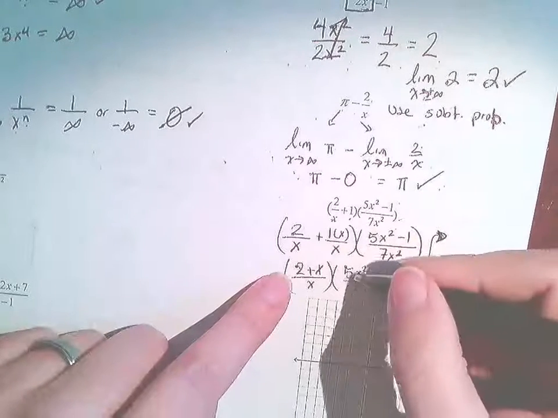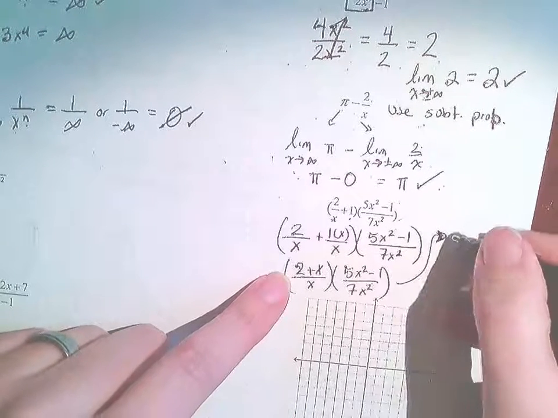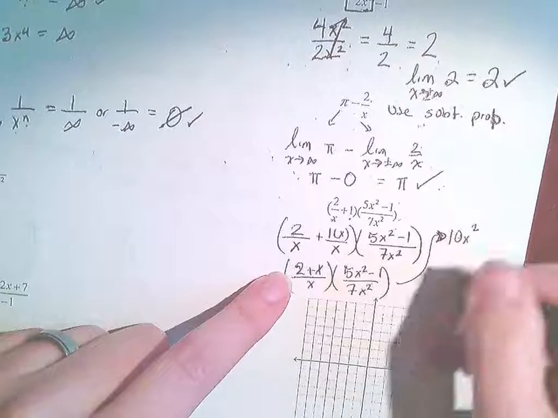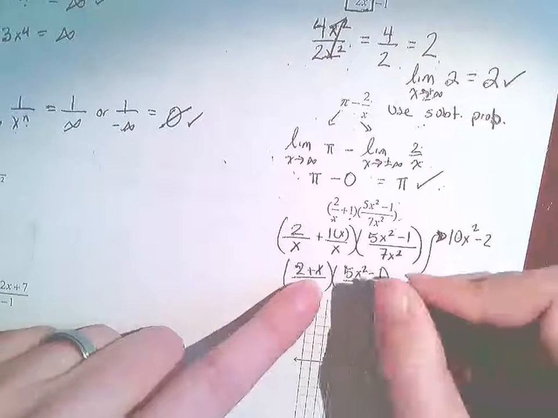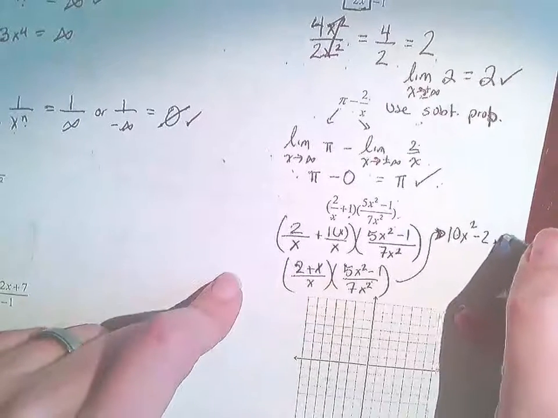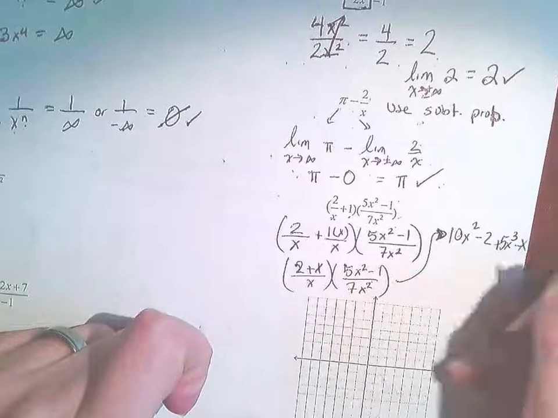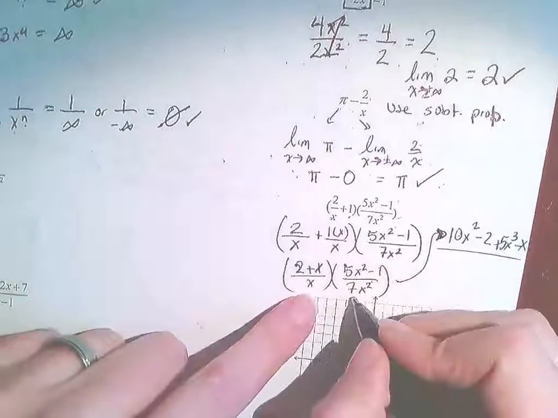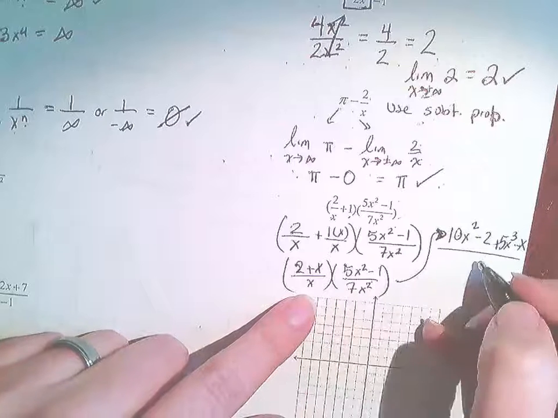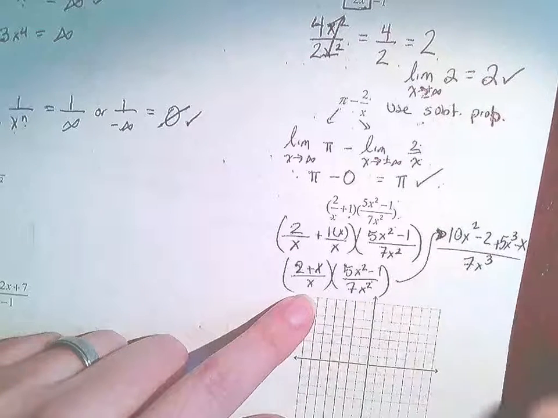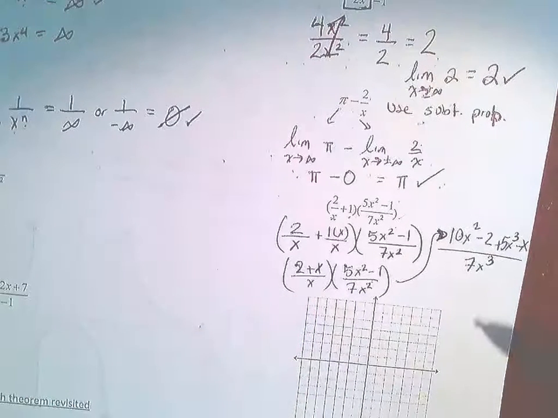So this is 2 times 5x squared, which is 10x squared. Outer is minus 2, inner is plus 5x cubed, and then last is minus x. All of that is divided by the bottom, which is 7x squared times 7x, and that's 7x cubed. So remember, whenever you have a polynomial over a polynomial, we're going to focus on the leading term because that's really determining what the graph looks like.